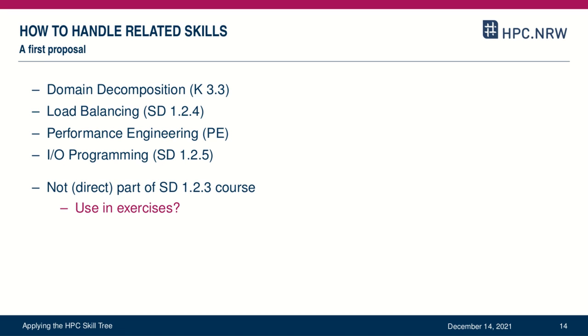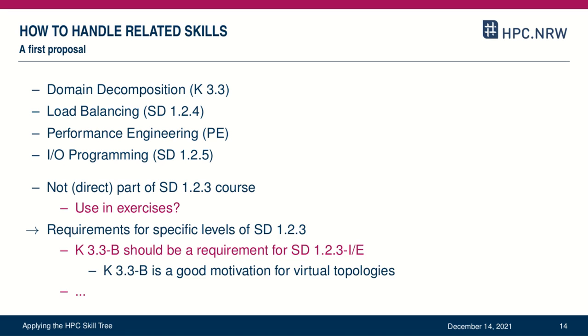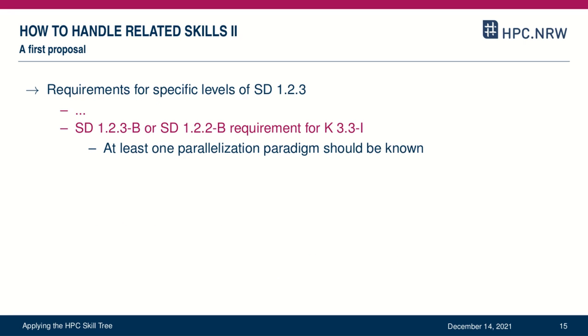Personally, I think it shouldn't be part of the course itself, but it could be used in exercises, like halo exchange and part of that. So with that, it would be a requirement to have a basic understanding of a certain other skill for the basic course in MPI and message passing.